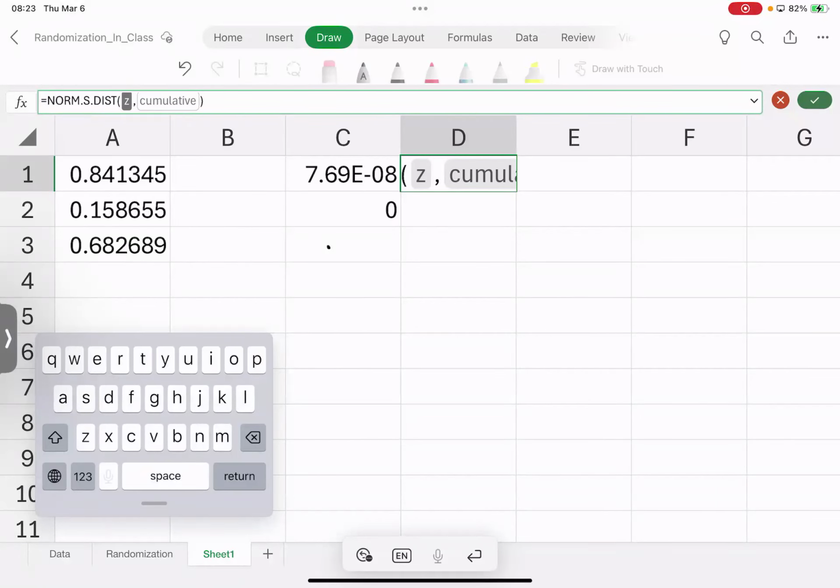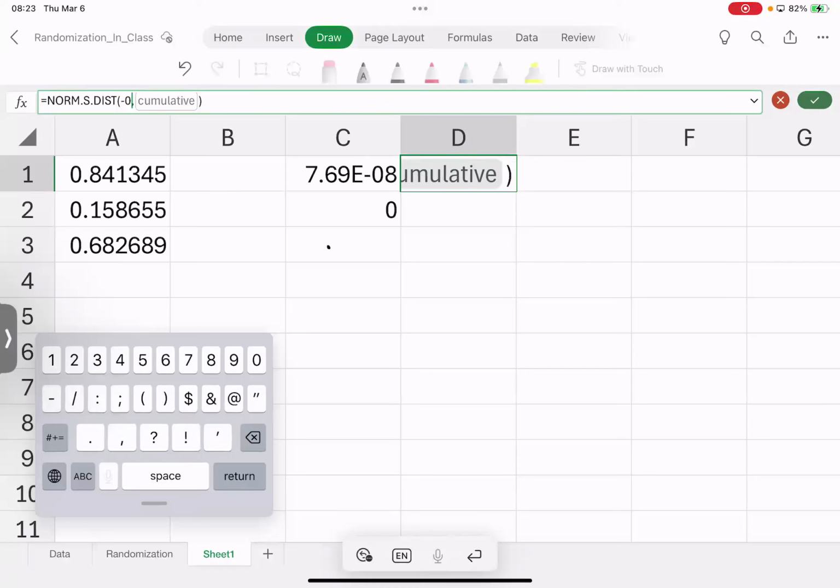If you play around with the norm commands, there's a norm.dist, which lets you plug in your mean and your standard deviation, so you don't have to give it a Z. But we're working with Zs right now, so I'm going to use the rounded value. If you plug in the X, the mu and the sigma, it'll give you a slightly better value for Z, but it shouldn't make a huge difference.